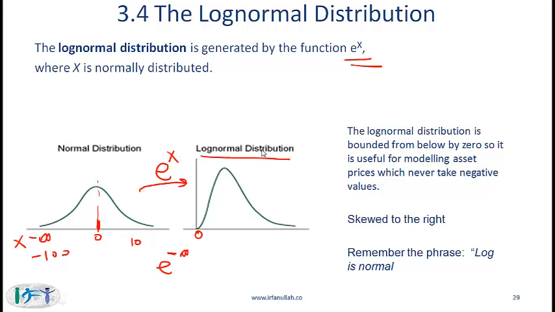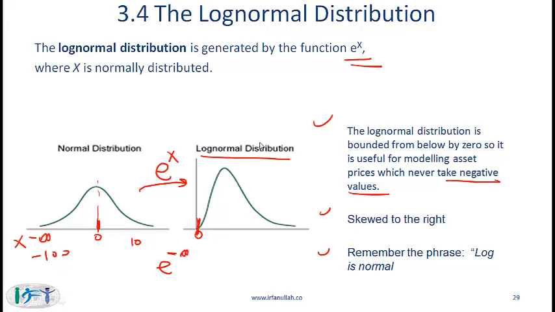From an exam standpoint, there are some basic points that you need to remember. The first one is that the log normal distribution is bounded from below by 0. So it is useful for modeling asset prices which never take negative values. So if you are modeling an asset price, obviously the lowest an asset price can go to is 0.